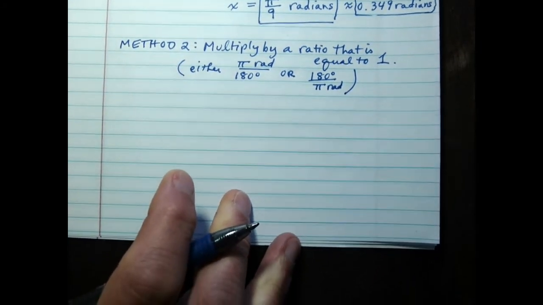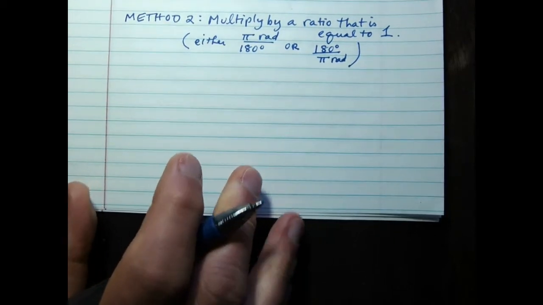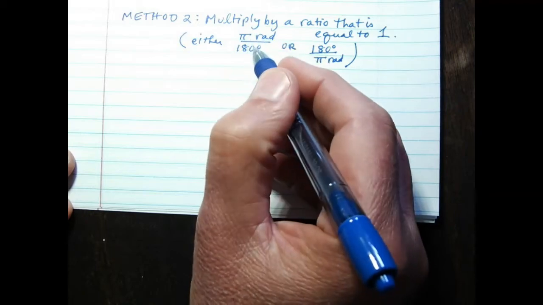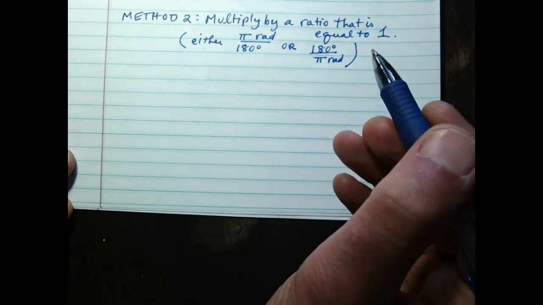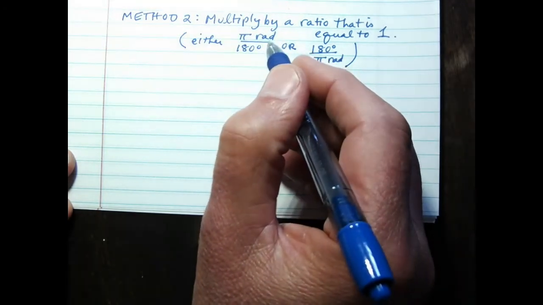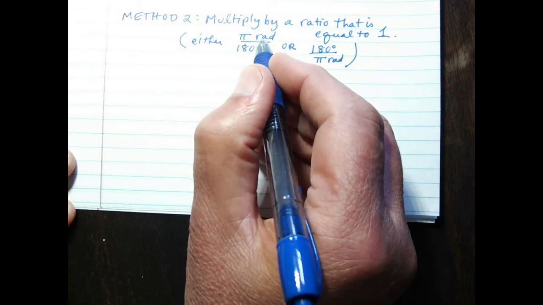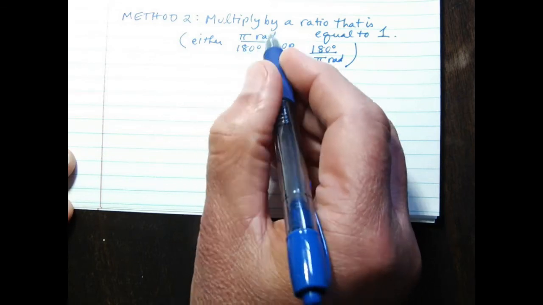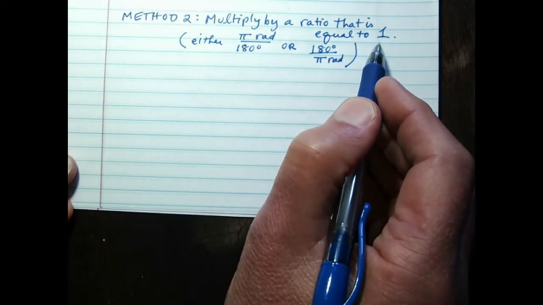If you've ever dealt with unit analysis in a science class, you may be familiar with this type of method. Now, pi and 180 are two different numbers. So if I just write pi over 180, that's not really equal to 1 by itself. But if I attach the units, pi radians over 180 degrees, those are equivalent angle measures. So with the units included, those fractions are equal to 1.